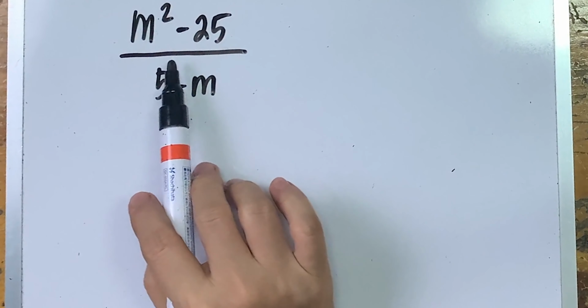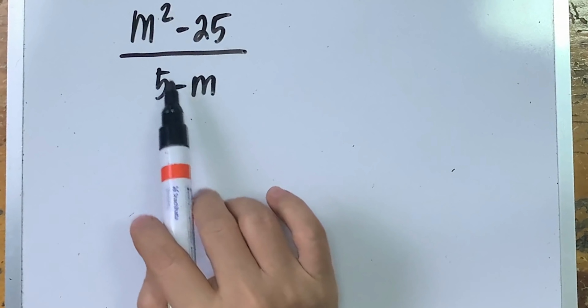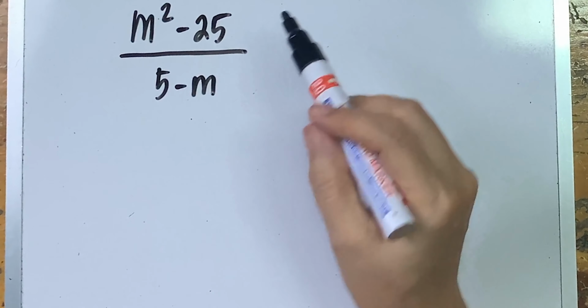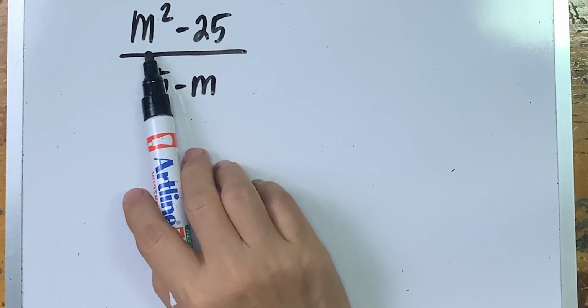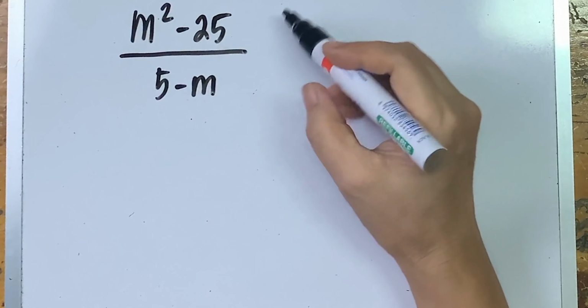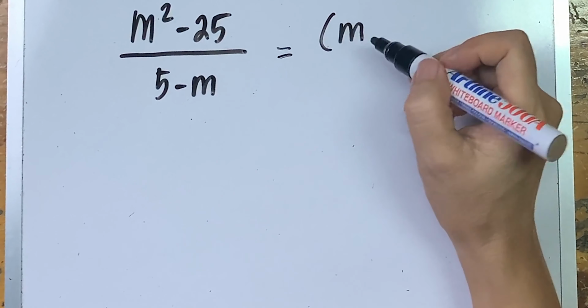Next, we have m squared minus 25 over 5 minus m. The numerator is the difference of two squares. And since this is a special product, this is the product of the sum and difference of two binomials. So first, we have to get the square root of m squared, which is m, and the square root of 25, which is 5.